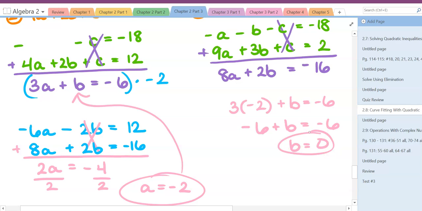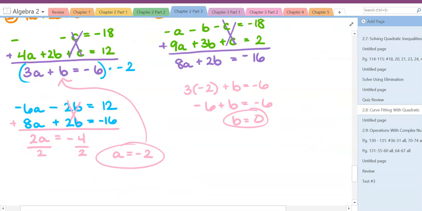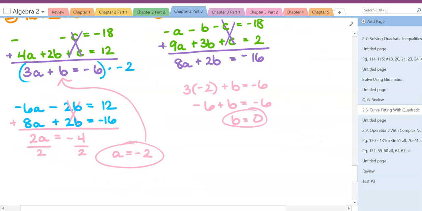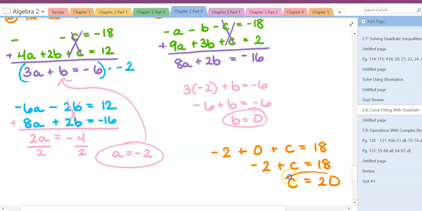So there's another one. Now I just need my c. For c, think back to that first equation that said a plus b plus c equals 18. We have -2 plus 0 plus c equals 18. You're going to have negative 2 plus c equals 18. You add 2 over and you get c equals 20.